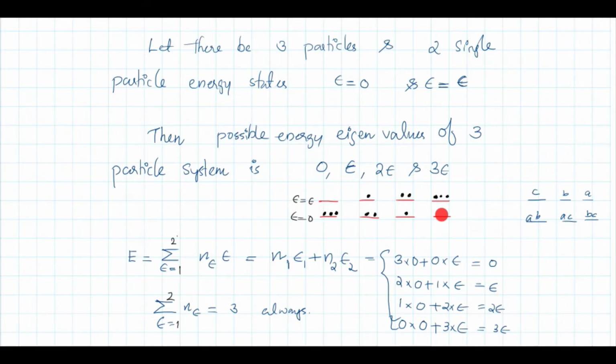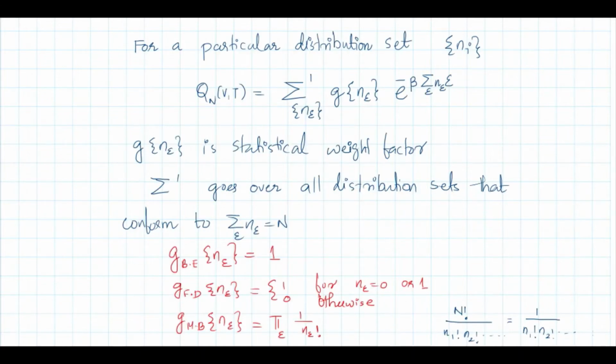A single particle state can have either 0 particles or 1 particle. That is the possibility for a fermion system. In the case of a boson system, there is no such restriction. A single particle state can accommodate any number of particles. But for fermions, a single particle state can accommodate a maximum of 1 particle. So if a state has 0 or 1 particle, then the weight factor is 1. Otherwise, the weight factor will be 0.